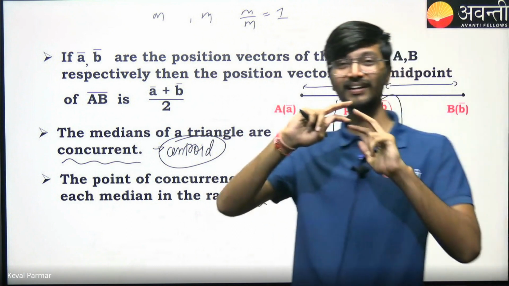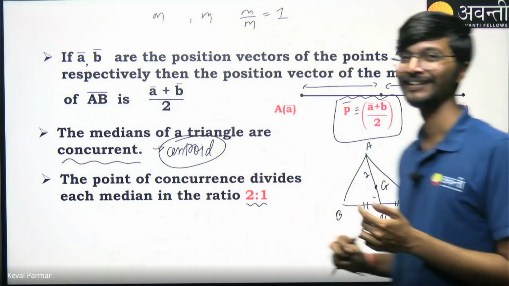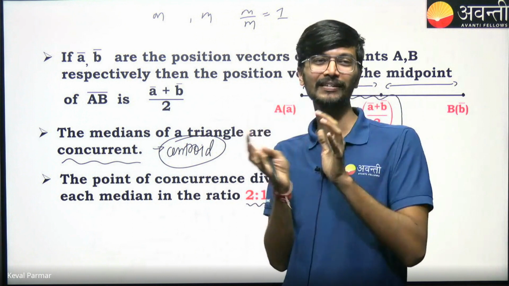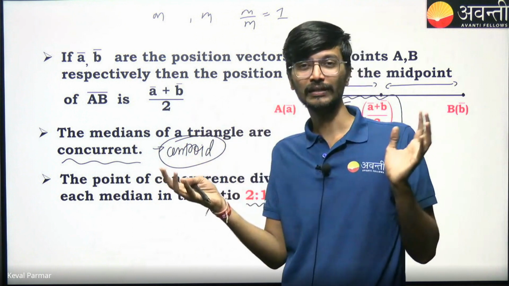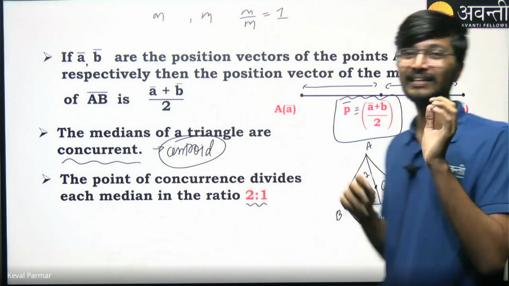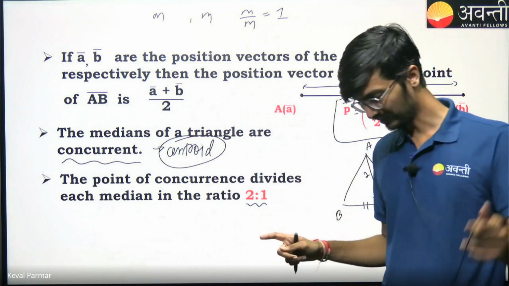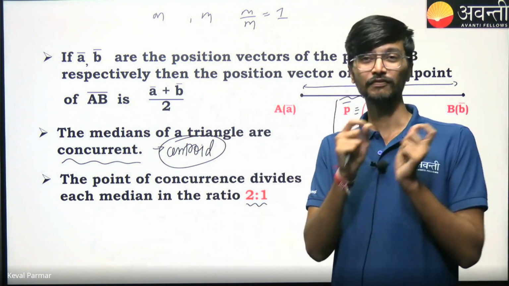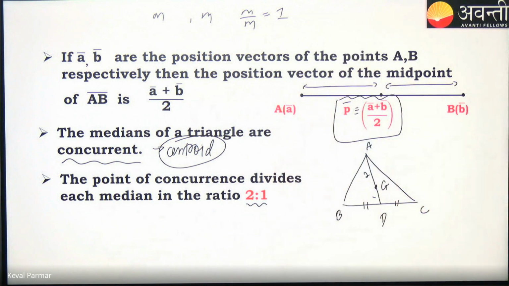Don't write it in reverse. This is a mistake made by many. So always remember, the larger number in this ratio, which is 2, is from the vertex, and the vertex here is A. Got it?